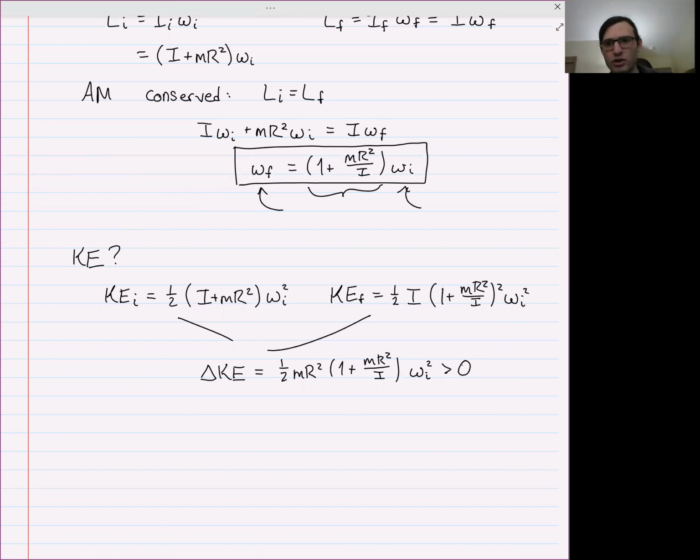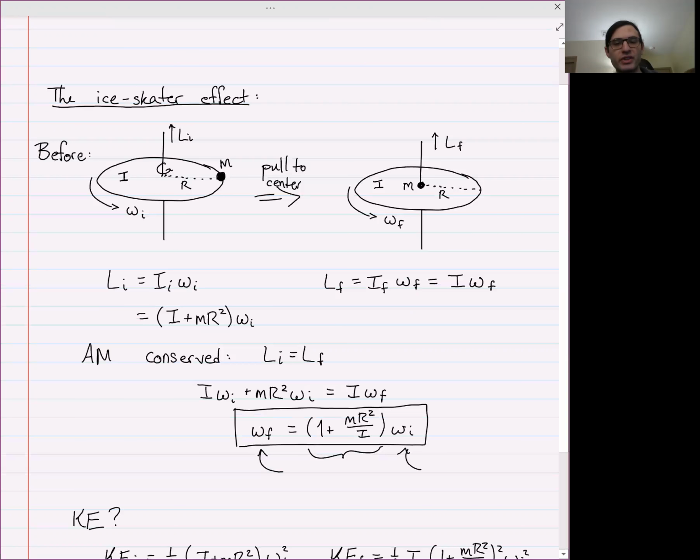Now this seems strange because, well, maybe it doesn't seem strange, but I'll tell you why it's strange. So this whole problem is a rotational problem, right? It seems like if there's going to be any work that's done, it will be work done by a rotational force, by a torque, right? And then you would find that work is the integral of tau d theta. But what we talked about last time is that actually the force that's applied on this point mass is a force that's pushing it towards the center of the circle.